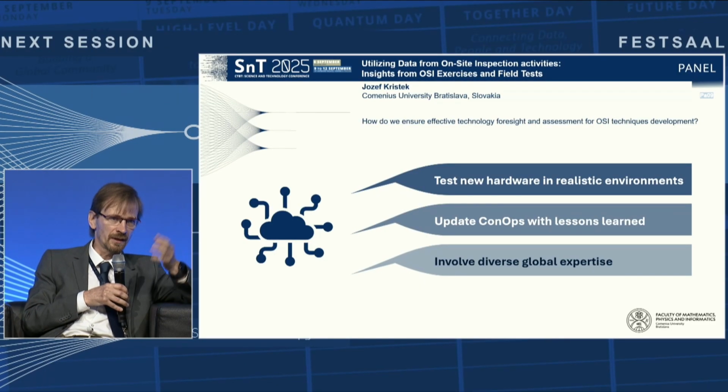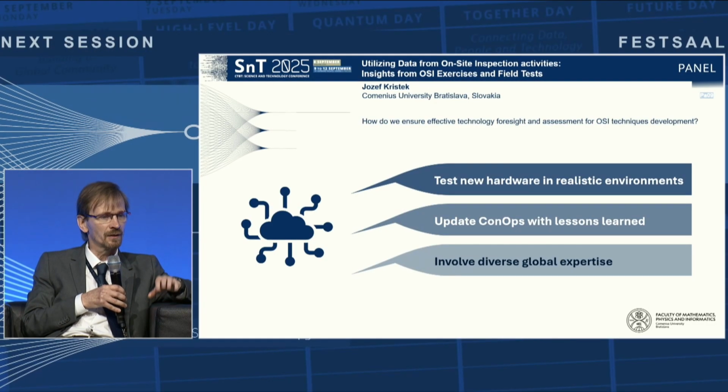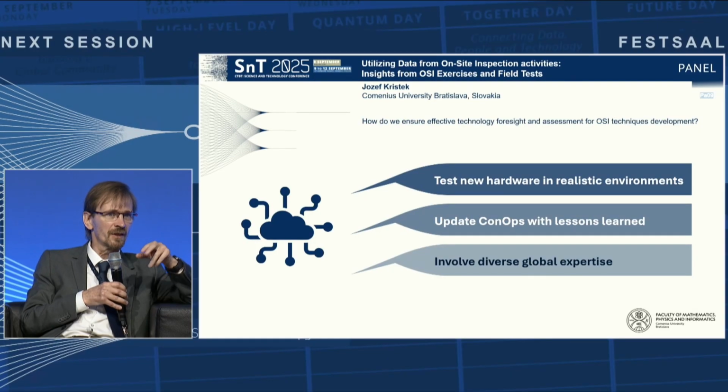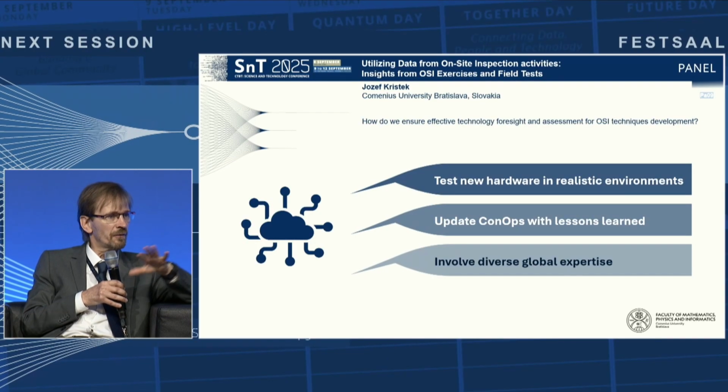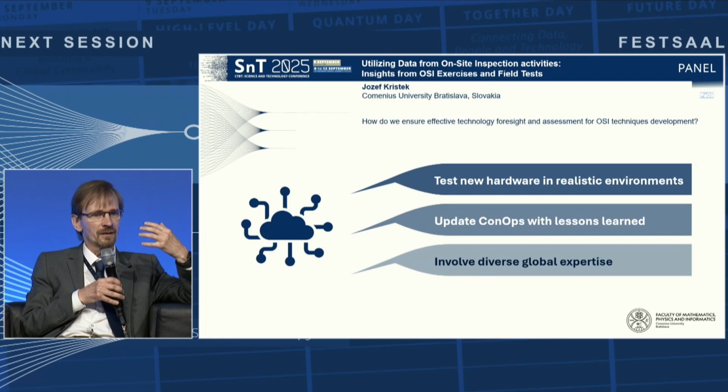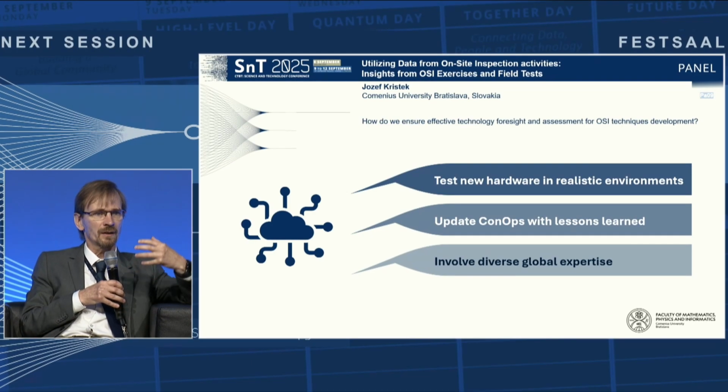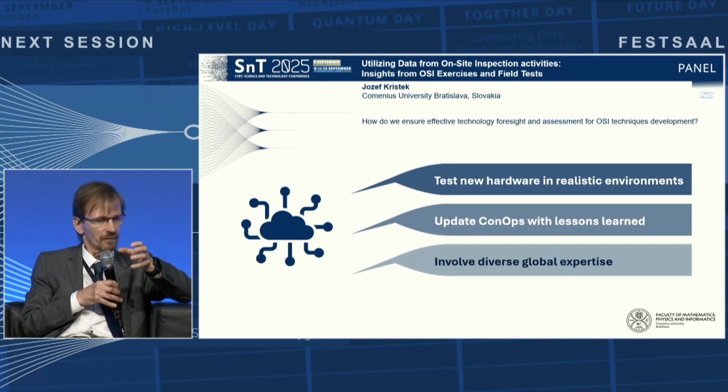We saw this in the data from the last test field in 2023 in the UK, when we were able to compare different seismometers, different sensors at the same place, and we could decide which one is the best for the specific methodology. So this is really, really important.